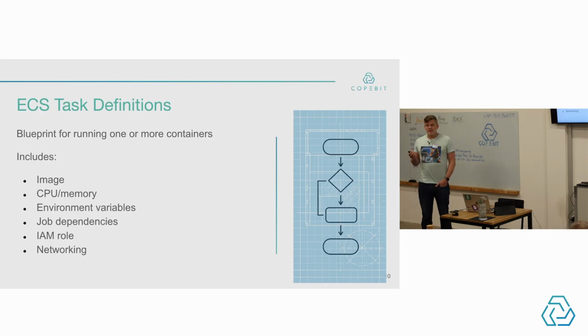And you basically say which image and how much CPU and memory you need, set up networking, dependencies, interdependencies, which roles they have. So the task runner in ECS has one role, and the task itself has another role, where you set up what rights they have to have, which access the tasks have to have.